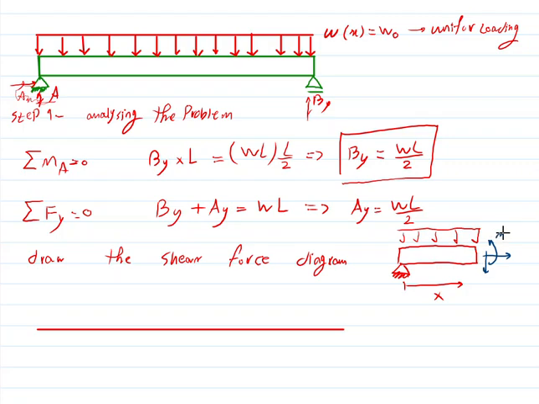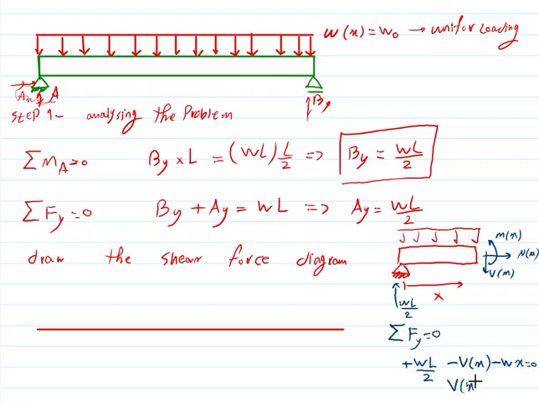Okay? Mx, Vx, and Nx. So I want to find Vx, so I write the summation of forces in the y direction. So I have WL over 2 in the upside, I have a minus Vx in the downside, and I have minus Wx equal to 0.